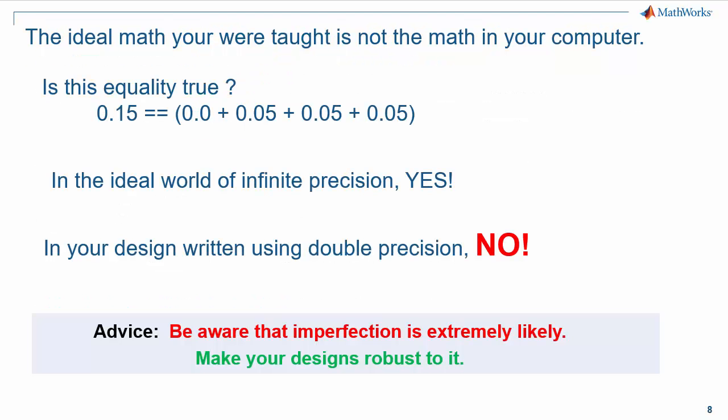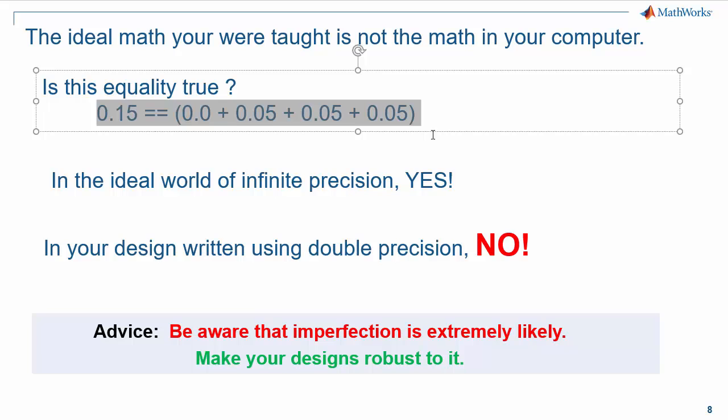Okay, so now let's turn that into some math. We're looking at this equation here and asking, does 0.15 equal 0.05 plus 0.05 plus 0.05? Well, in the ideal math we all grew up with in school, this would definitely be true.